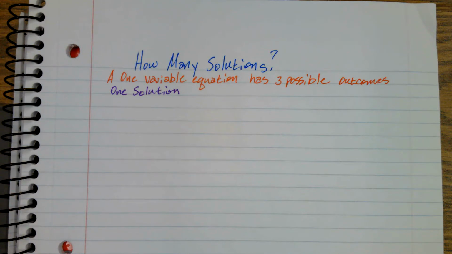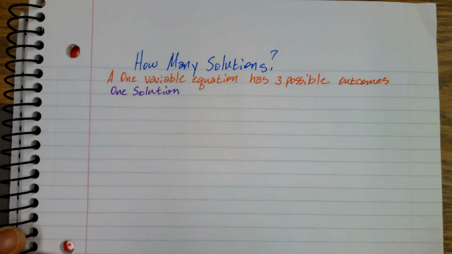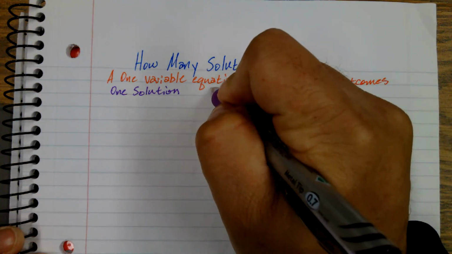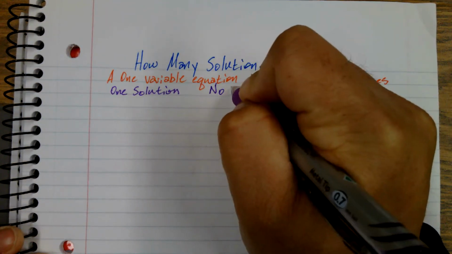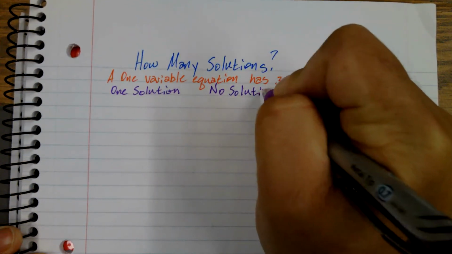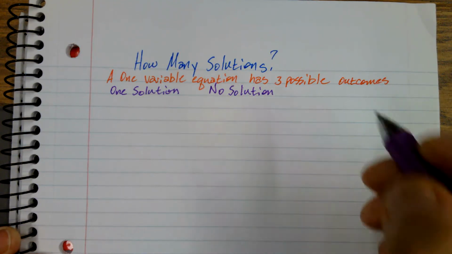It could be a whole number, an integer, a decimal, a fraction, but it's just a single number. The other possibility is that we can have no solution. And the third possibility is that we have infinite solutions.